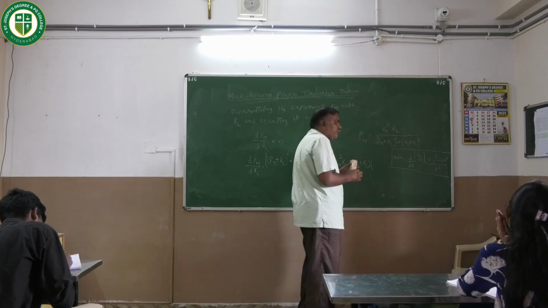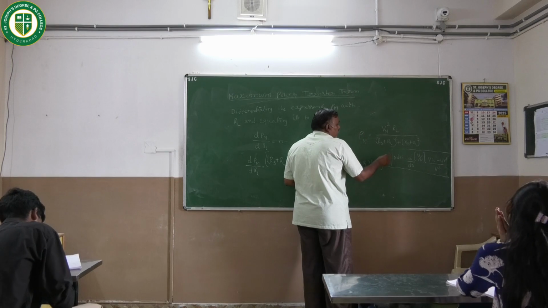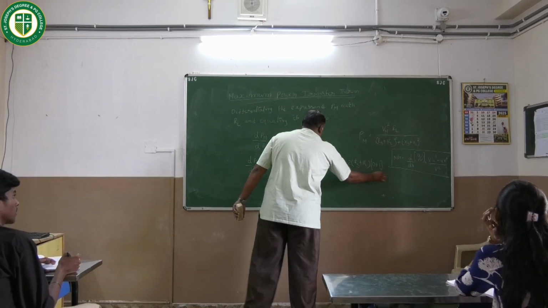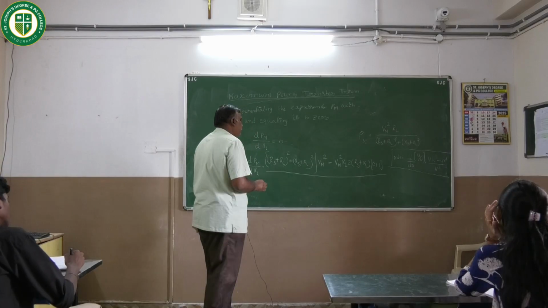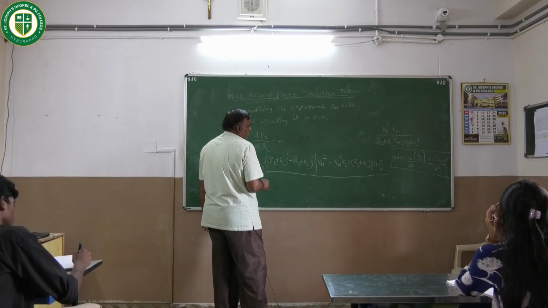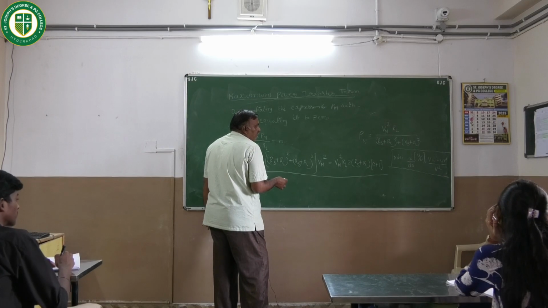Differentiation of a constant is 0. Plus dRL by dRL is going to be 1. And this term is going to be 0 anyway. Right. Shall we? Yes.